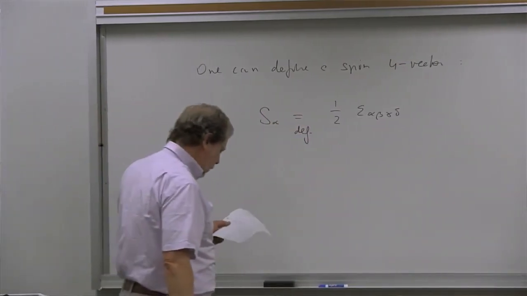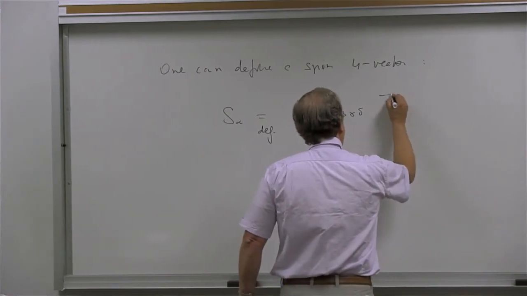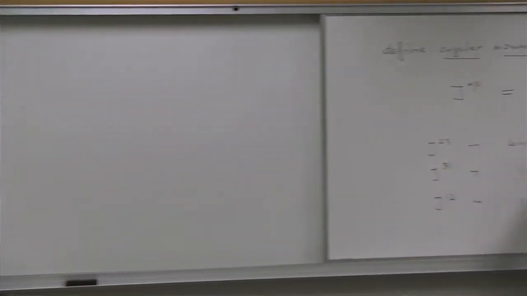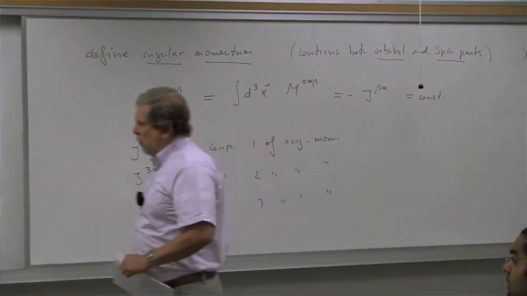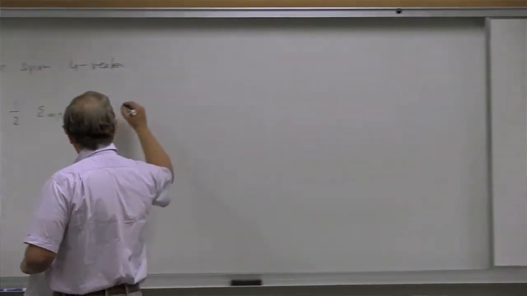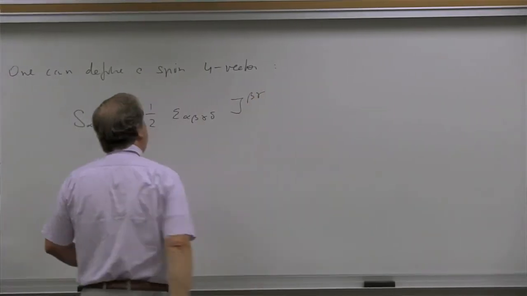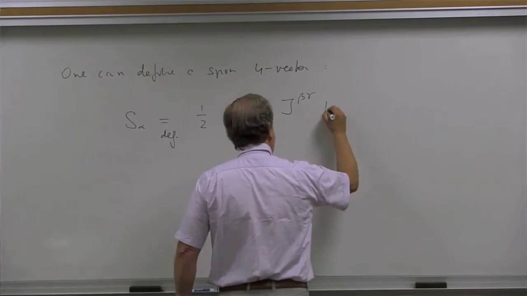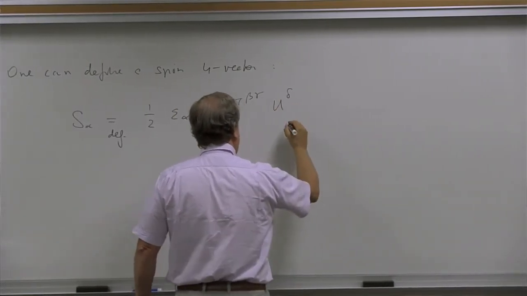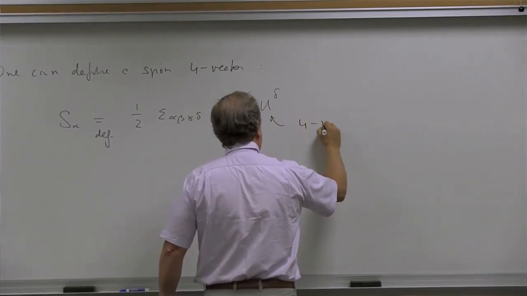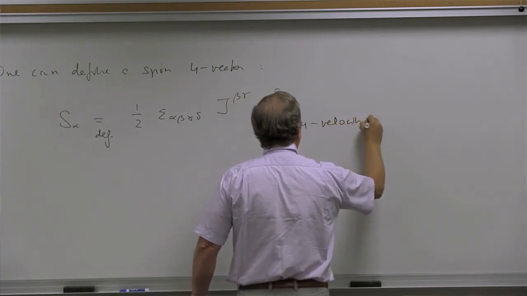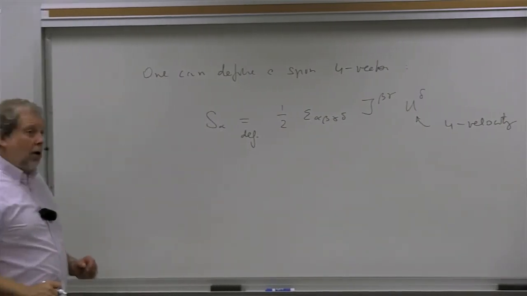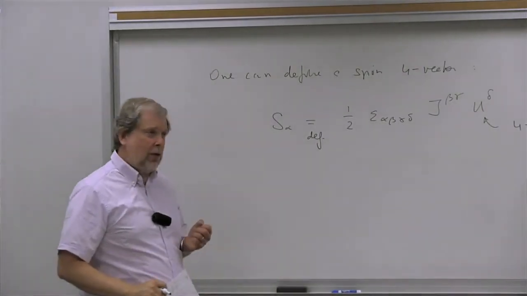And then times the angular momentum that we have up here, so times J beta gamma. And then there's one index that's left over, and that last index is saturated with u delta. So u delta is the 4 velocity.